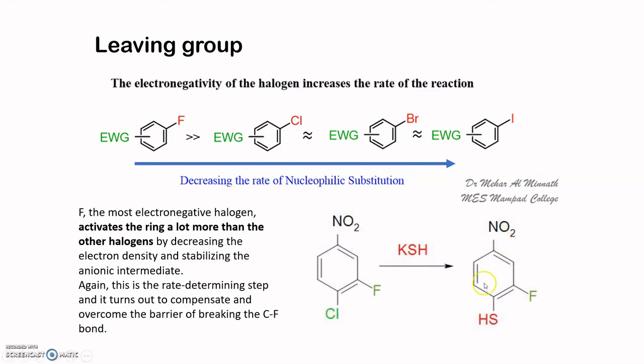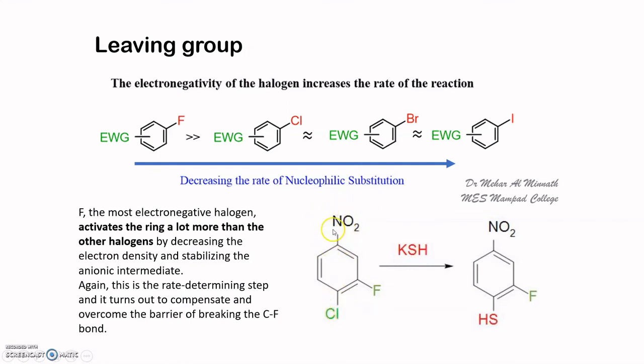Now here you have an example. You have fluorine and chlorine as substituents, and also NO2 as a substituent on the aromatic ring. NO2 acts as the electron withdrawing group. And see here, even though fluorine is present, it is chlorine which is being replaced. Chlorine acts as the leaving group here. The reason is that the position of the electron withdrawing group relative to the leaving group is more important.